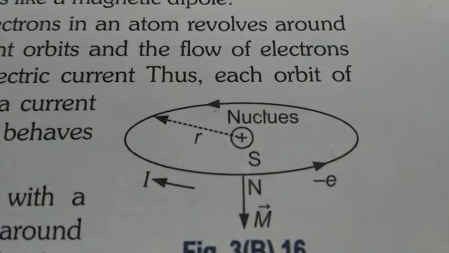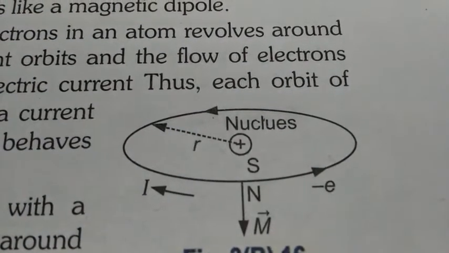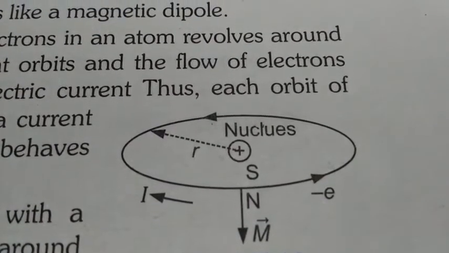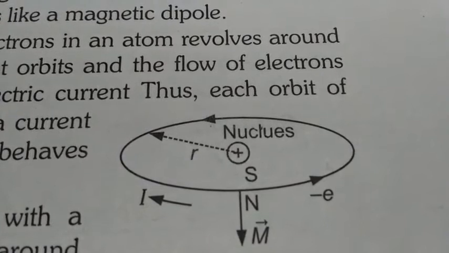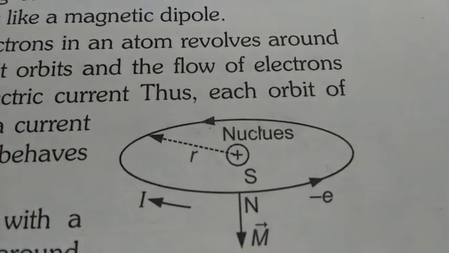Students, please don't get confused. Whichever face has which kind of pole, S pole or N pole, that totally depends on the direction of current, not the direction of the electron.